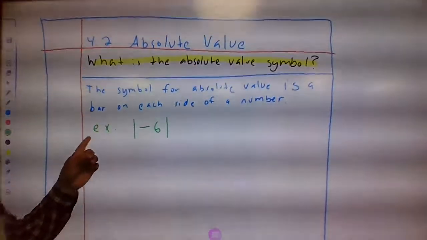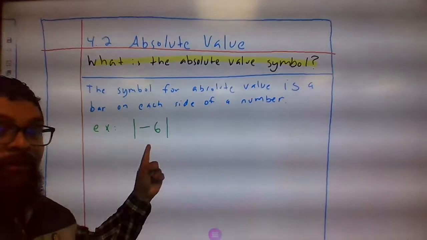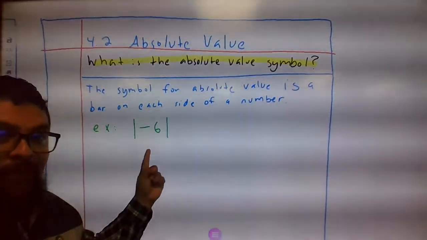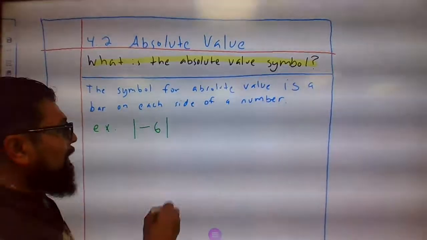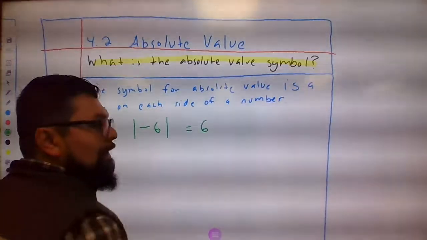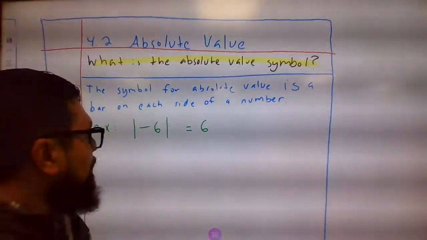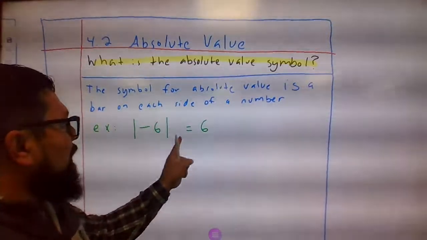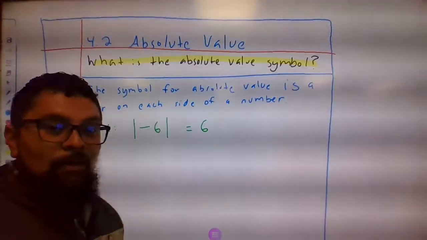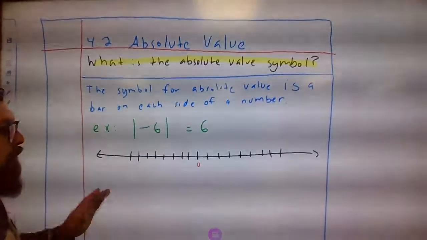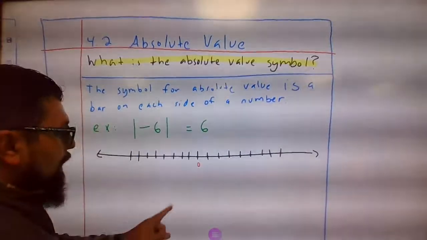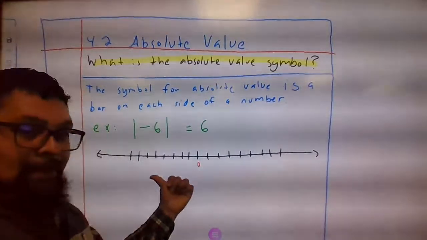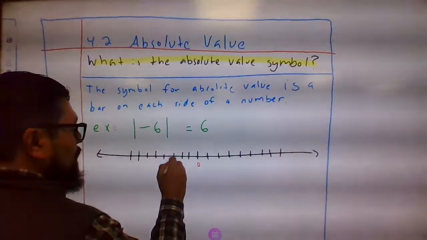So here's an example. This means the absolute value. The absolute value of -6 equals 6. Why? Because when you put it on a number line, here's 0. -6 is on this side, so 1, 2, 3, 4, 5, 6.